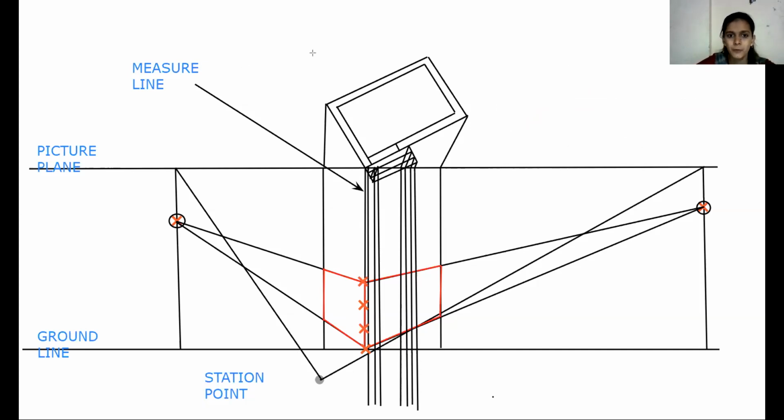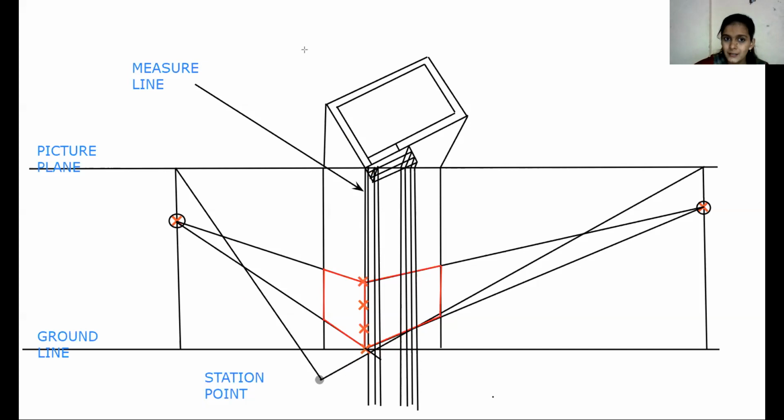Consider the very first point, the bottom point. Let's start with the bottom. We have already drawn this line from the left vanishing point to that point, but you need to extend this line up to where? Up to the 4th point vertical line. So extend this line up to here.